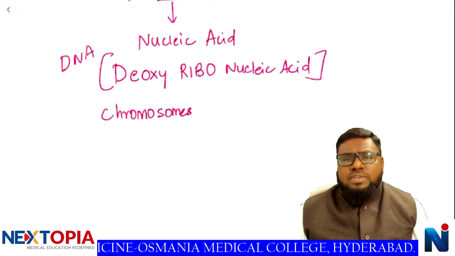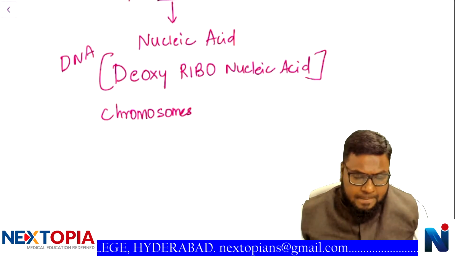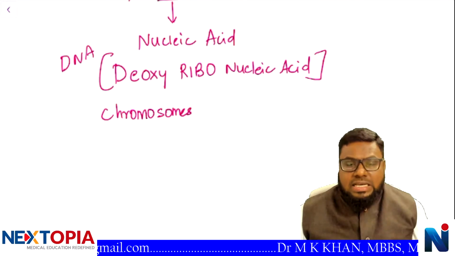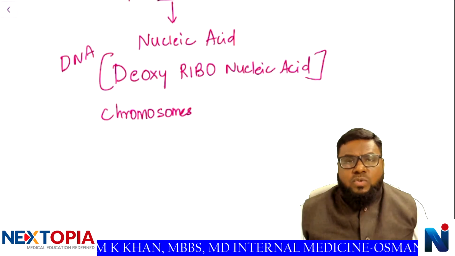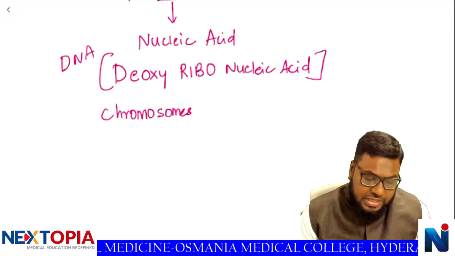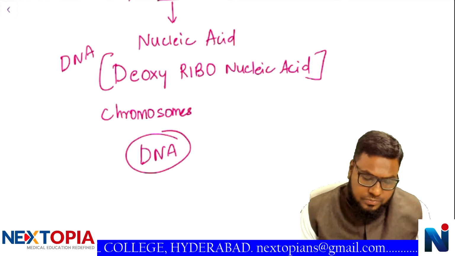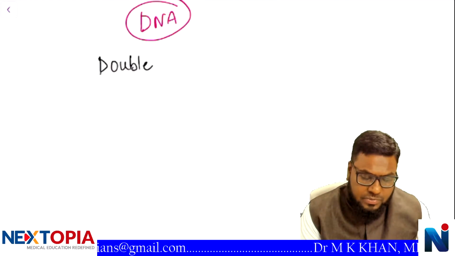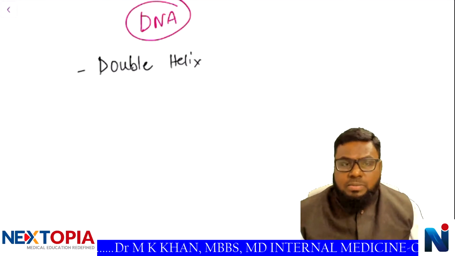The basic structure of DNA, the Watson and Crick model, the double helix model, and the various bonds and how this nucleic acid is formed, I'll discuss in detail in our biochemistry class.